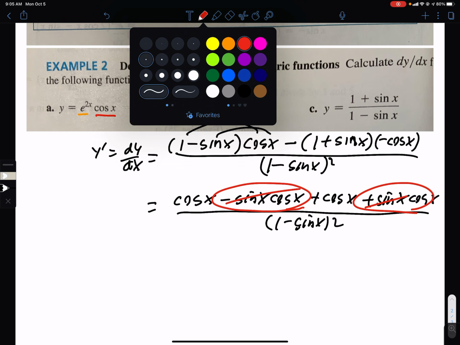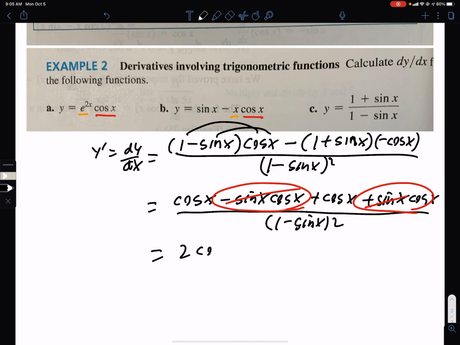So on top, we end up with 2 cosine x's. On the bottom, 1 minus sine x squared. And I'll just leave it like that. You could change the bottom, but it's not going to help. You could do some crazy stuff, but it's not going to look pretty.